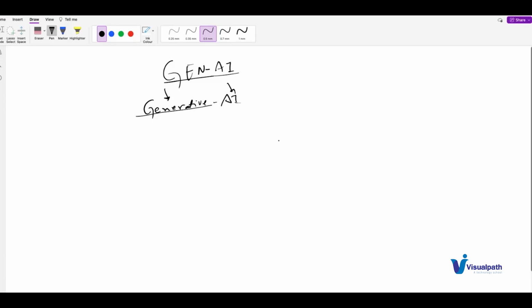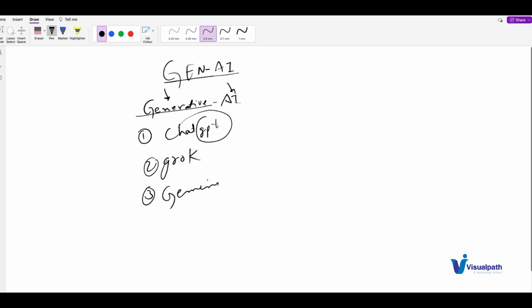Anyone who has used any of the GenAI models so far? You would have used ChatGPT. You would have used Grok. You would have used Gemini. You would have used Sora. You would have used Veo.